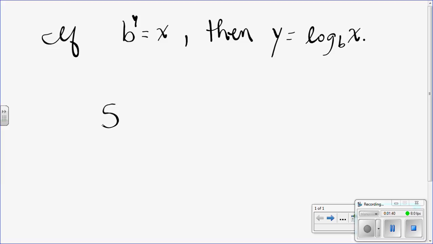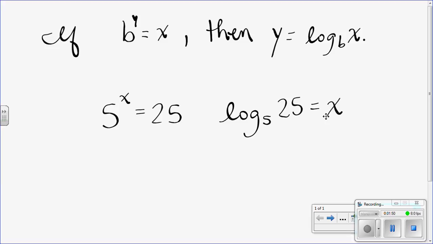Like 5 to the x equals 25, and that would be written log base 5 of 25 equals x. It's a way to help you figure out what the exponent was.